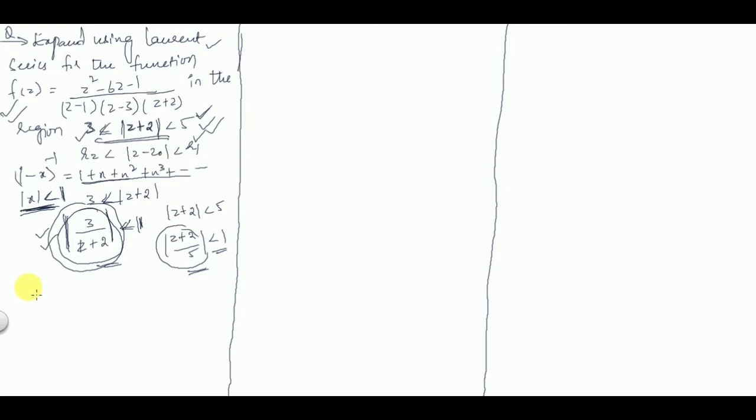Now see, f of z is equal to z square minus 6z minus 1 divided by z minus 1 into z minus 3 into z plus 2. So we'll do partial fractions: a by z minus 1 plus b by z minus 3 plus c by z plus 2. How will you get the value of a?